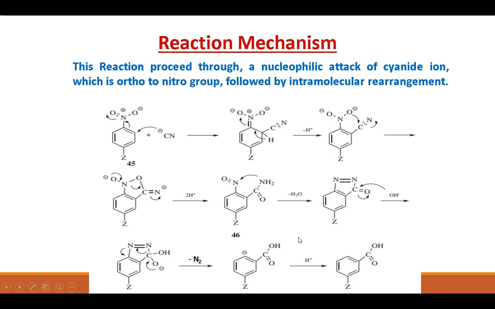In step 5, the hydroxyl group attacks the carbonyl carbon, and the bond of the carbonyl group shifts to the oxygen atom, which makes the oxygen atom negative. In the next step, elemental nitrogen leaves the system with the opening of the ring and forms a carbanion. In the last step, the carbanion is protonated, and 3-halogen benzoic acid is formed.